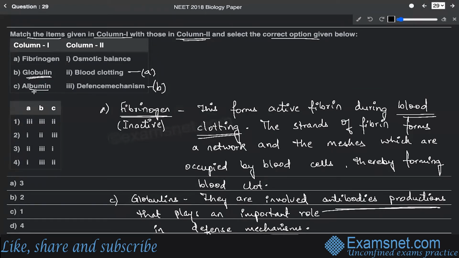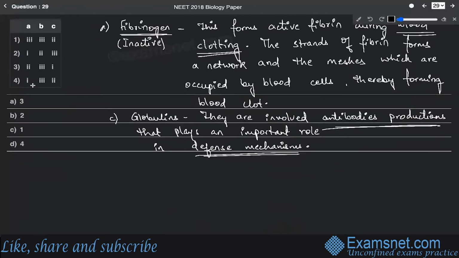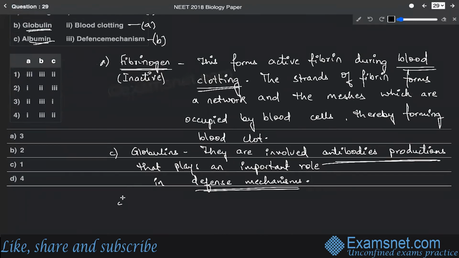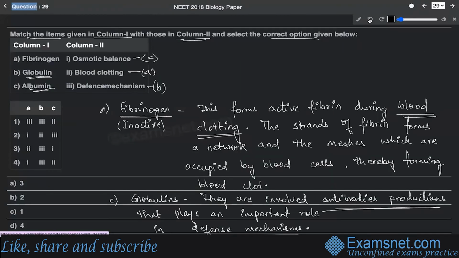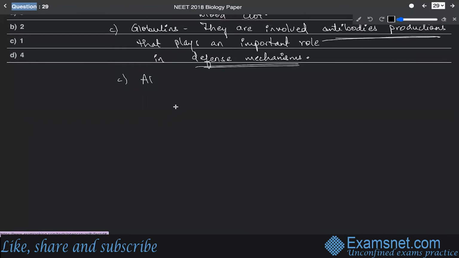And the last is albumin. This is related with osmotic balance, because this is a plasma protein which is basically responsible for maintaining the osmotic balance, that means osmolyte concentration. So albumin maintains osmotic balance.